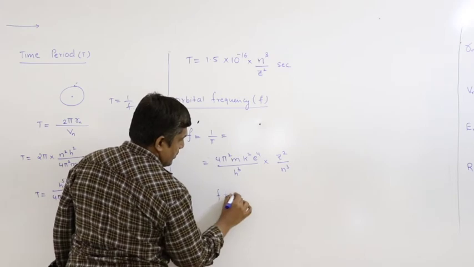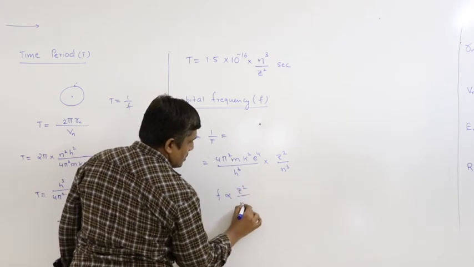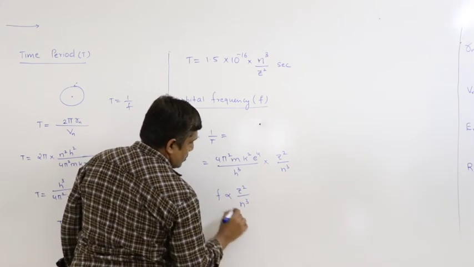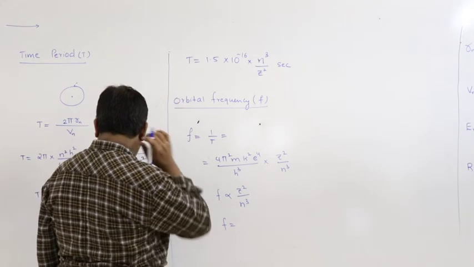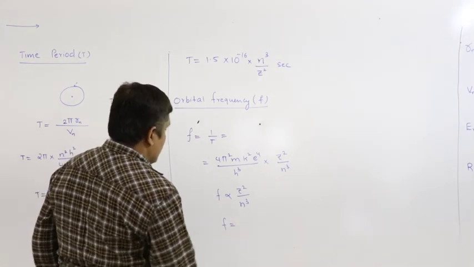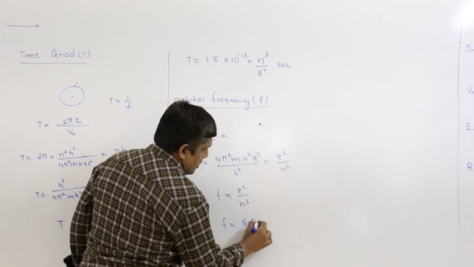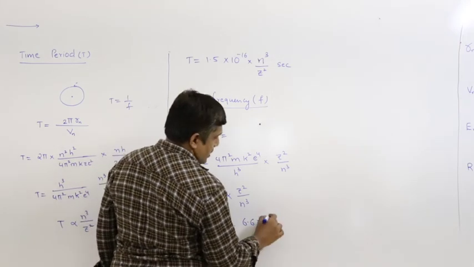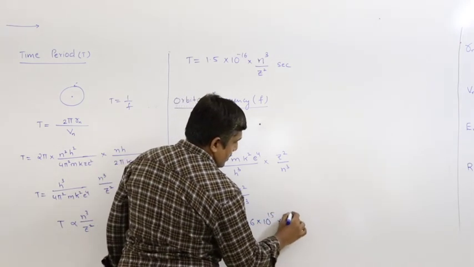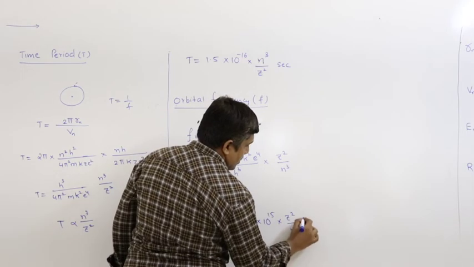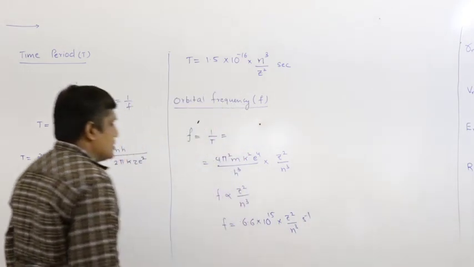So orbital frequency is proportional to z square by n cube. So if you substitute and simplify, it will be around 6.66 into 10 power 15, I think, z square by n cube second inverse.